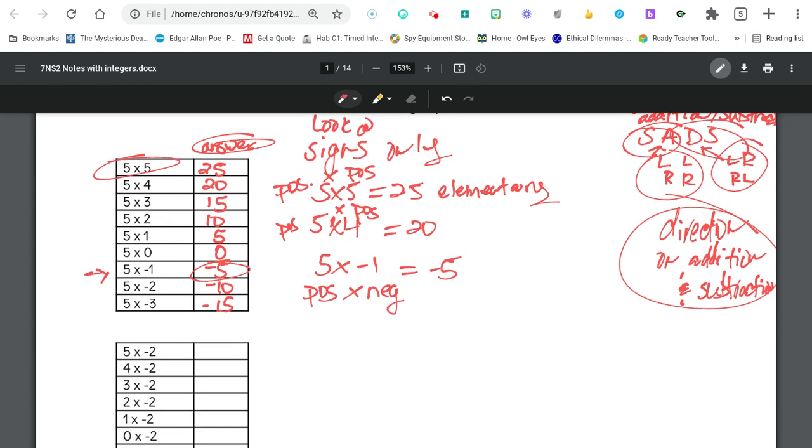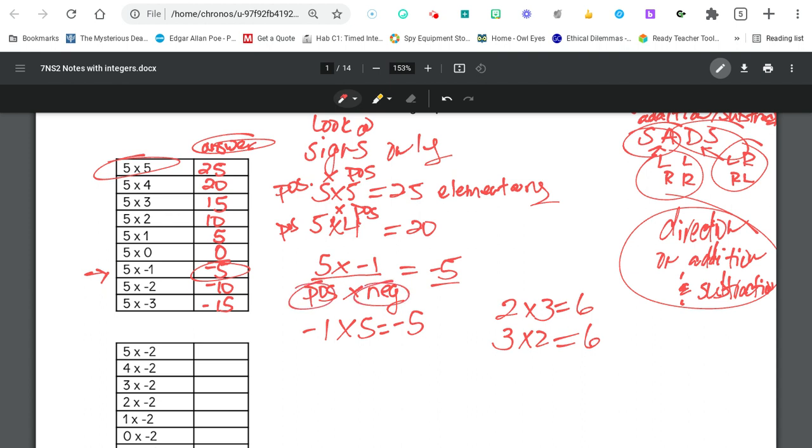Okay, now somebody said, does it matter the order in which you multiply? Let me ask you this. If 2 times 3 is 6, then 3 times 2 is also 6. The order in which you multiply does not matter. So if 5 times negative 1 is negative 5, negative 1 times 5 is also negative 5.